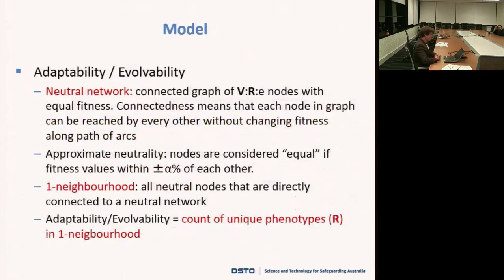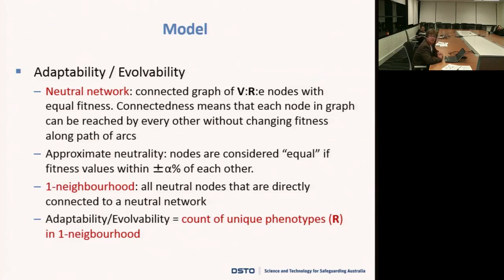Or good adaptability, or we call it evolvability, or you can also call it innovation potential, and I'll give you some reason for that a bit later. It is a bit more interesting to define. For that, I'll give you at least two definitions, one approximation to one definition which we use. The definition of a neutral network, number one, is a connected graph of your genotype, phenotype, environment nodes that all have the same fitness.